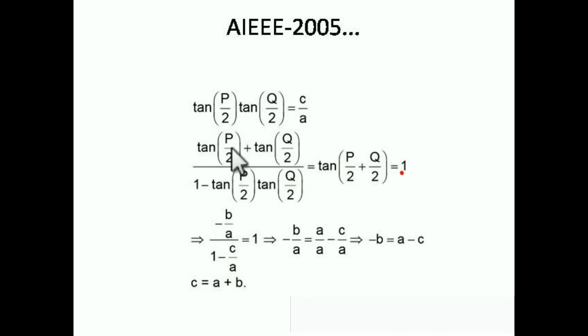Now this sum, we have the value of the sum, that is minus b by a, upon 1 minus the product, that is c by a. Now take the LCM. So this a and this a get cancelled out, and we have minus b upon a minus c. Now just do the cross multiplication and get the answer.